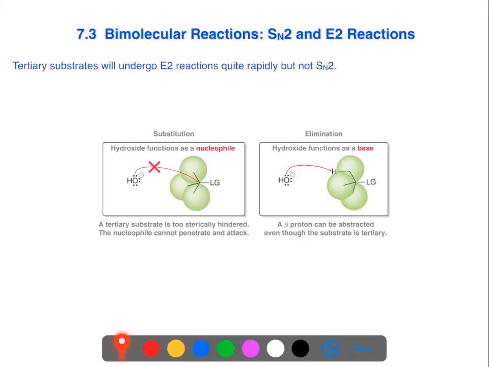In fact, there's no steric hindrance associated with the interaction of that hydroxide with this hydrogen off the beta carbon. So tertiary substrates, they will undergo the E2 reaction quite rapidly, but basically we will not see this for the SN2 reaction. So again, substrate has some role to play in SN2 reactions. We saw that effect, but the same effects are not observed for the E2. It's the nature of the base which is most important in the E2 mechanism.